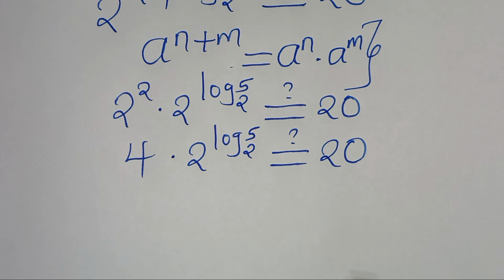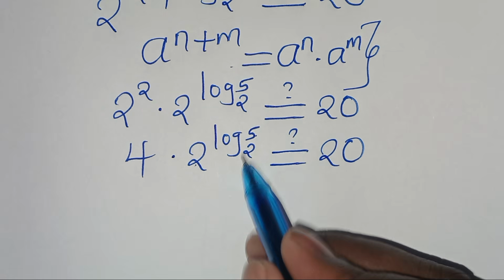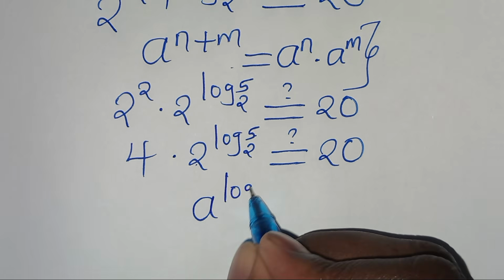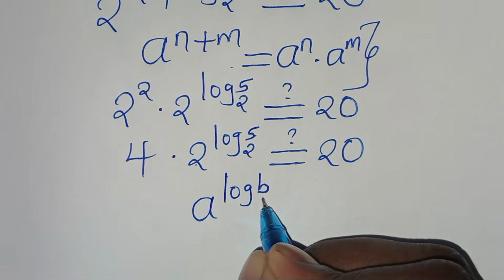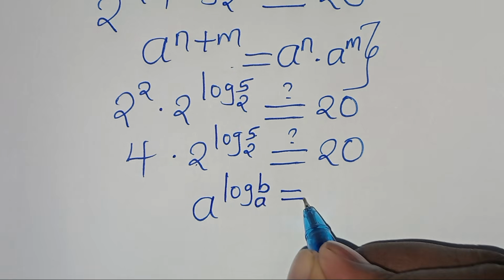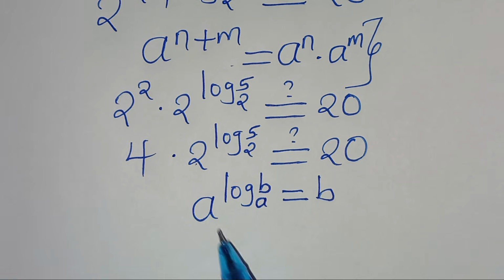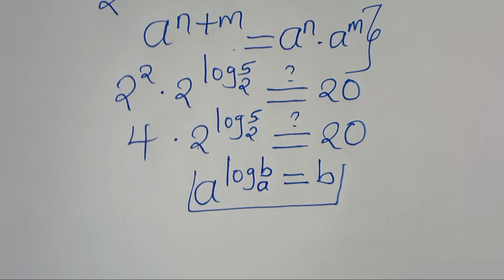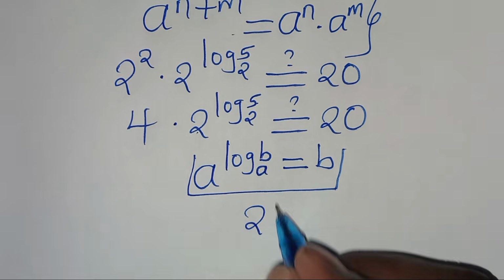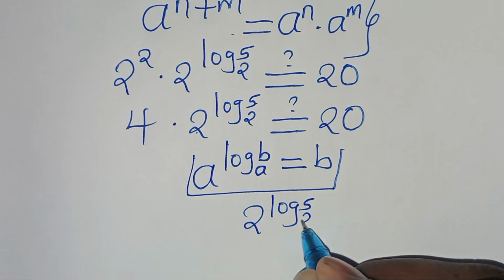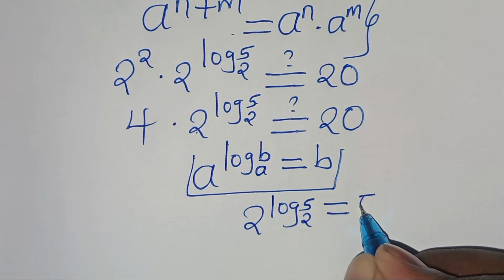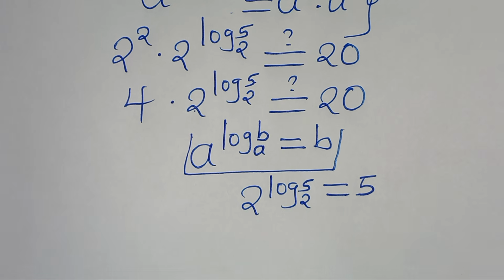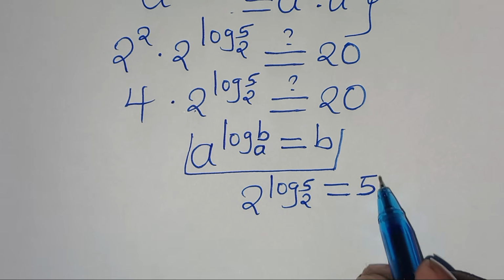The next step is that 2 to the power of log 5 to base 2 is in the form of a raised to the power of log b to base a, which we can express as b. Applying this logarithm property, 2 to the power of log 5 to base 2 should give us a value of 5. So this implies that 2 to the power of log 5 to base 2 is equal to 5.